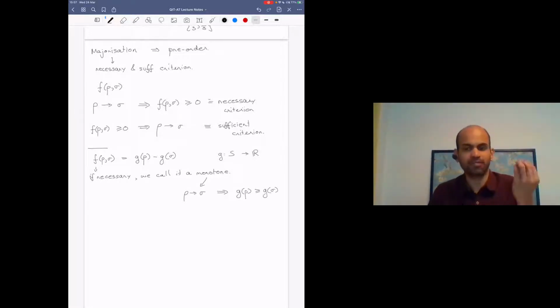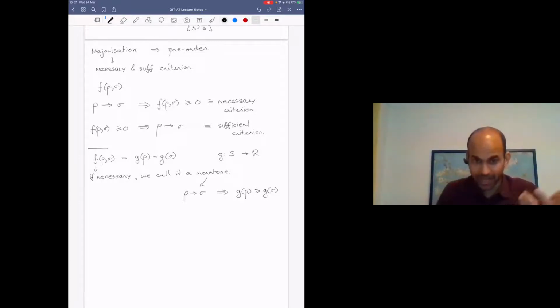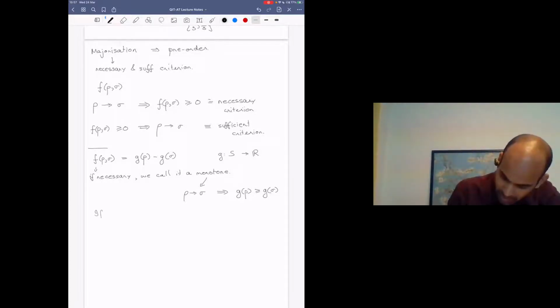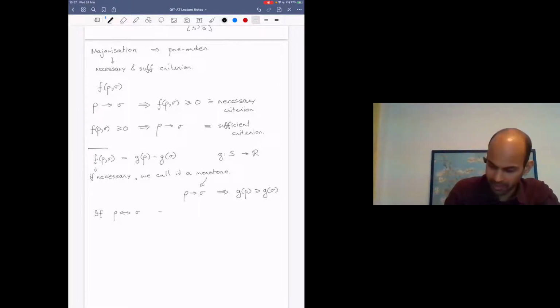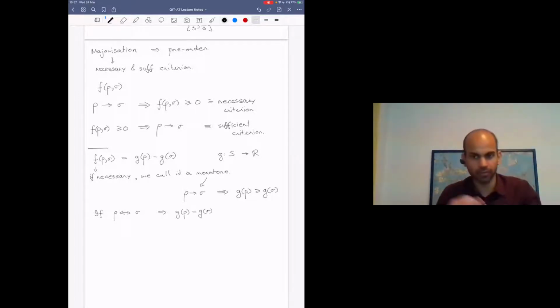So a monotone is somehow the value of a state. If I am allowed to go from one state to the other, then a monotone is some function that must always be decreasing or staying the same. And in fact, we can see immediately that if rho can go to sigma and vice versa, then it must imply that g of rho must be equal to g of sigma, because if not, one of them would not be possible.